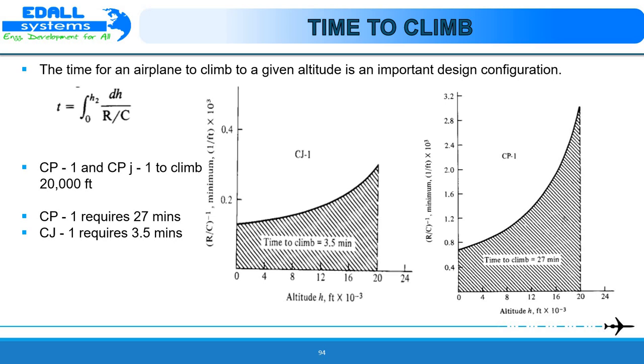For CJ1, which is plotted here, the resulting area gives the time to climb as 3.5 minutes. Note that the CJ1 climbs to 6096 meters in 1/8 of the time required for CP1. This is to be expected for a high-performance executive jet transport in comparison to a propeller-driven piston engine counterpart.